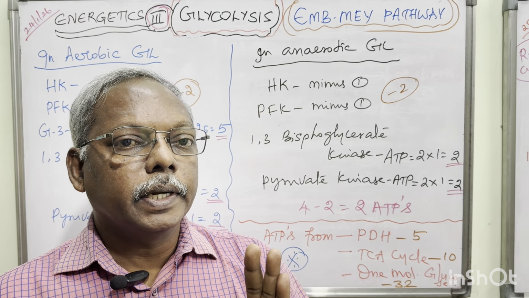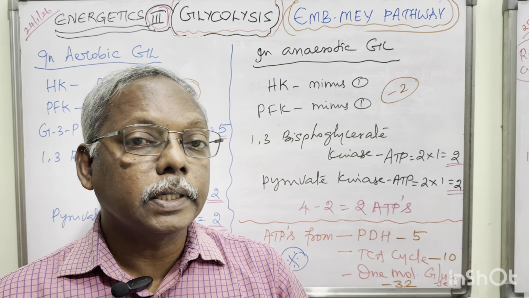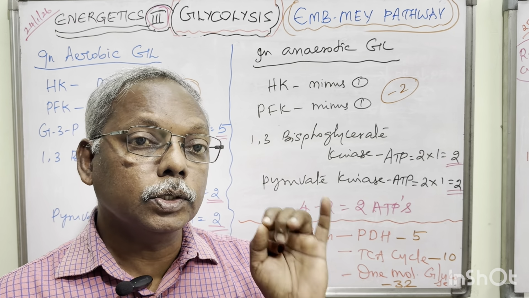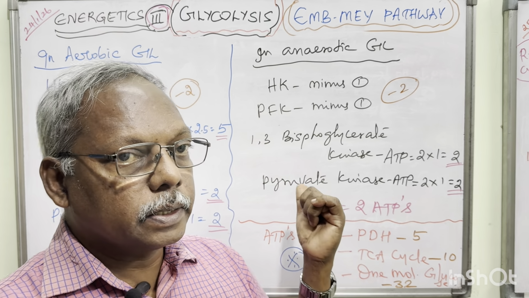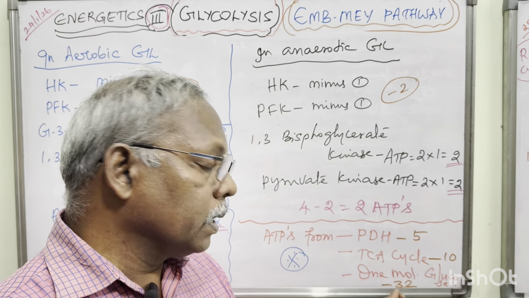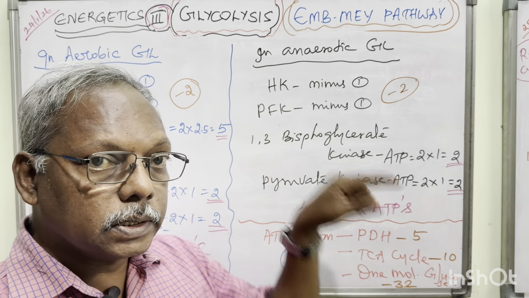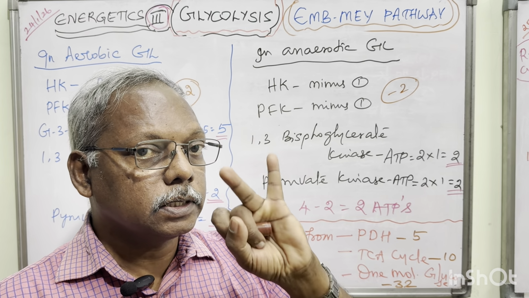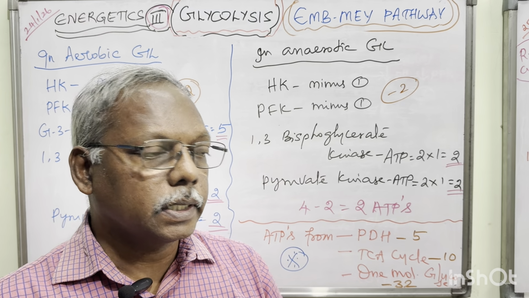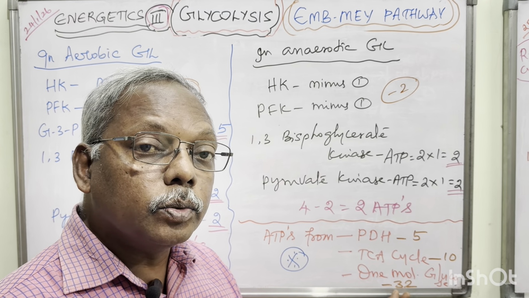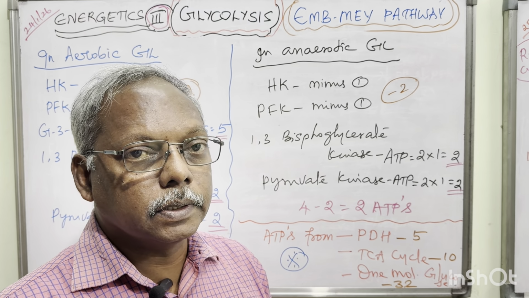TCA cycle, how many ATPs? Finally, how the number 32 is coming. Like that, you should be ready for the description of all the three reactions. Keep it in your mind. One molecule of glucose, after crossing all these three, that is glycolysis, PDH and TCA cycle, produces 32 molecules of ATPs. Okay.